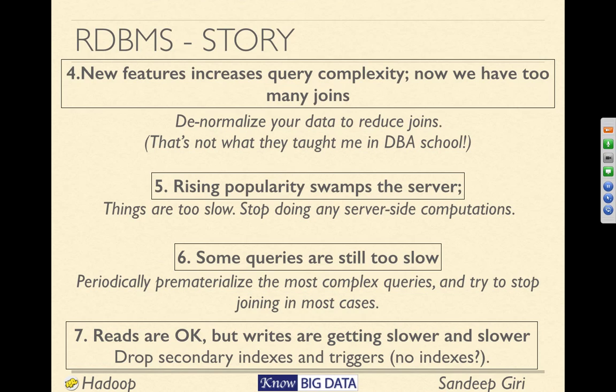Now, if you see what all we dropped along the way: first, we let go of consistency. Then we let go of the relational structure. Then we let go of triggers, indexes.